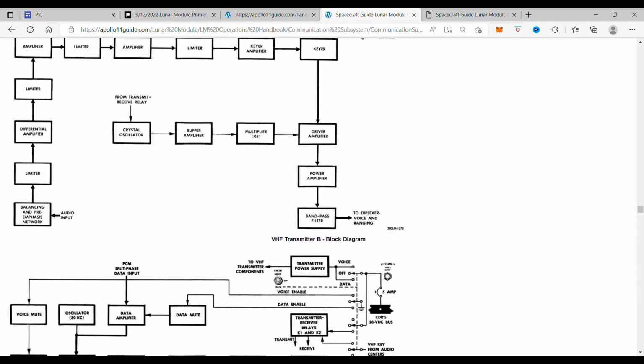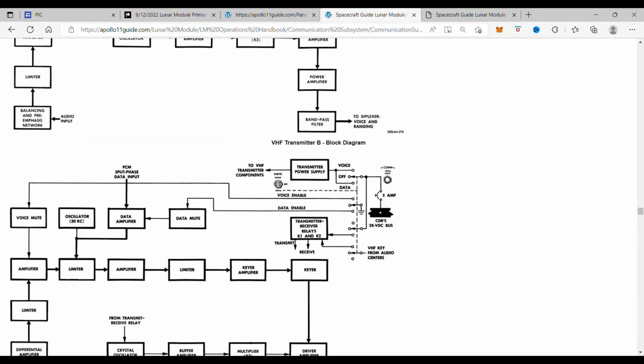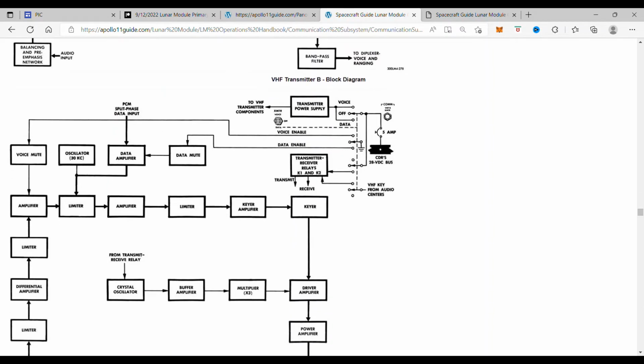VHF Channel B is used as a one-way data link to transmit system telemetry signals from the Lunar Module to be recorded and stored by the Command Service Module. When the Command Service Module establishes S-band contact with the MSFN, the stored data is transmitted by the Command Service Module at 32 times the recording speed.